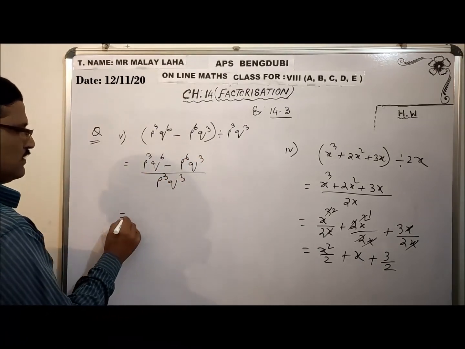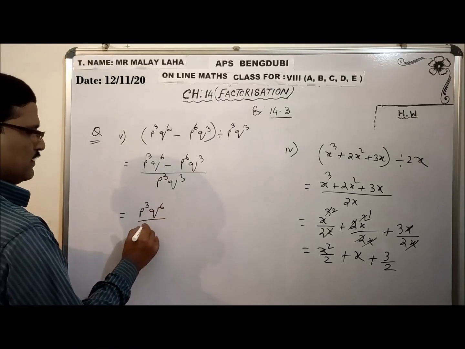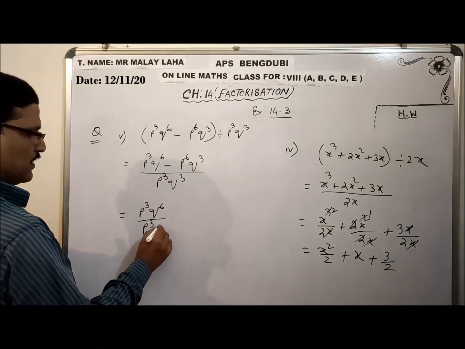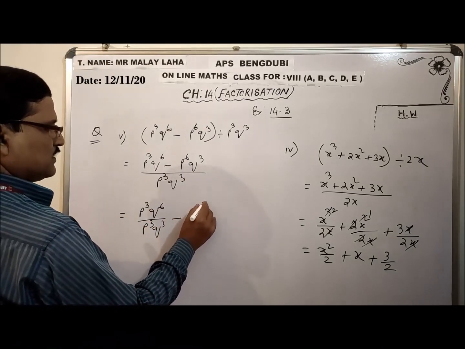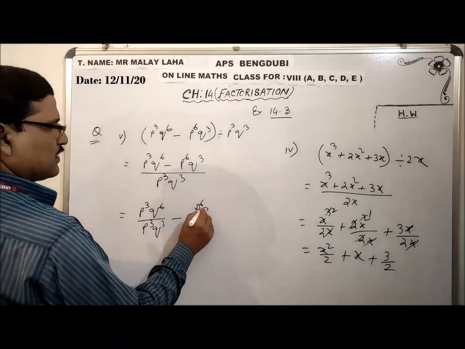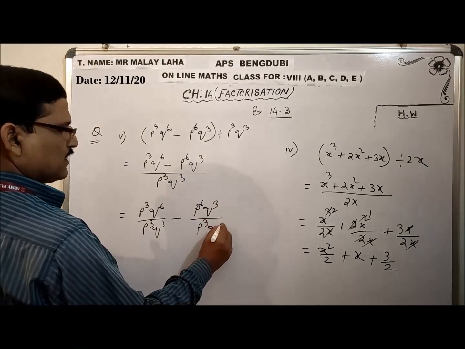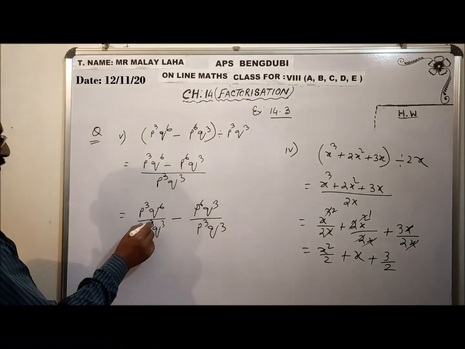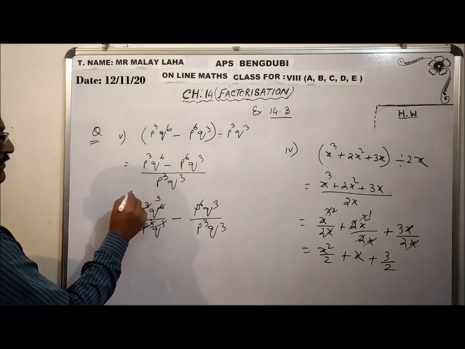Now split: P raised to 3, Q raised to 6 by PQ QQ minus P raised to 6, Q raised to 3 by PQ QQ. Now you see PQ, this power is cancelled, only 3 is left out.